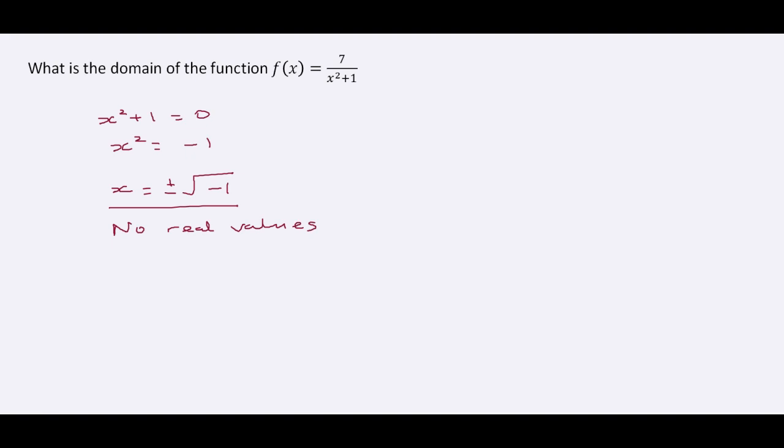What that means is that every number from negative infinity to positive infinity will be valid because we do not have any restrictions. So we're going to have negative infinity all the way to positive infinity.